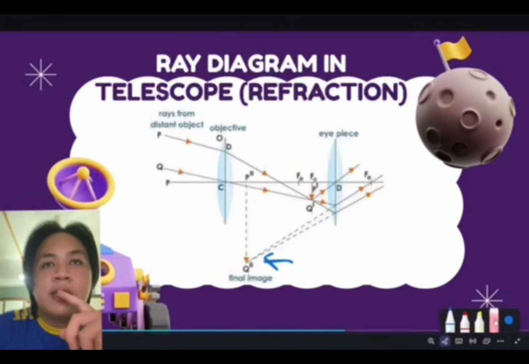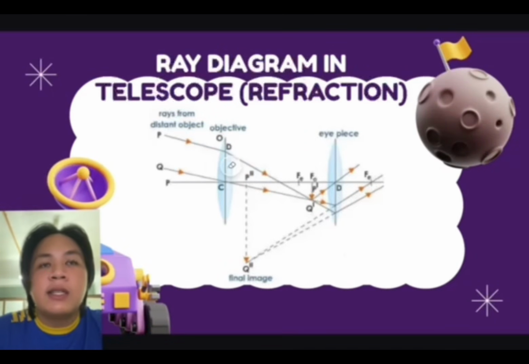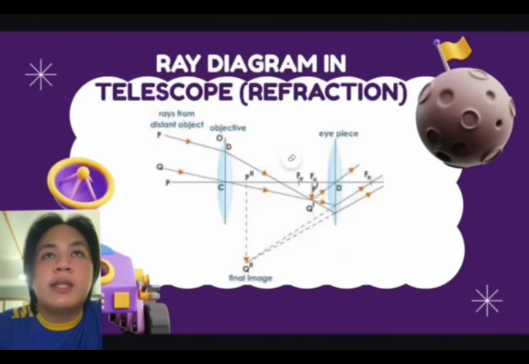To summarize, the essential function of the objective lens is to gather and focus the light, while the eyepiece magnifies the image. Both of these lenses combined allow astronomers to observe distant celestial bodies with enhanced clarity and scale.